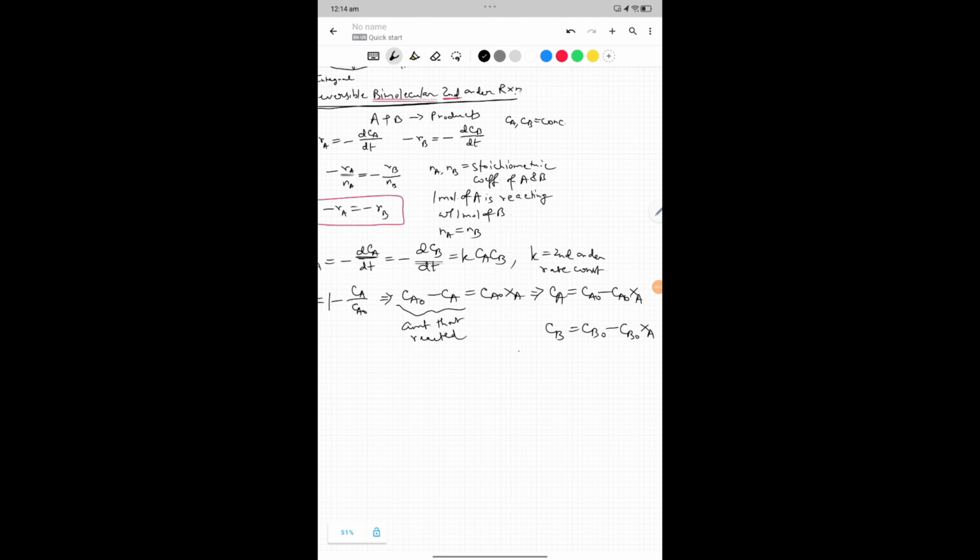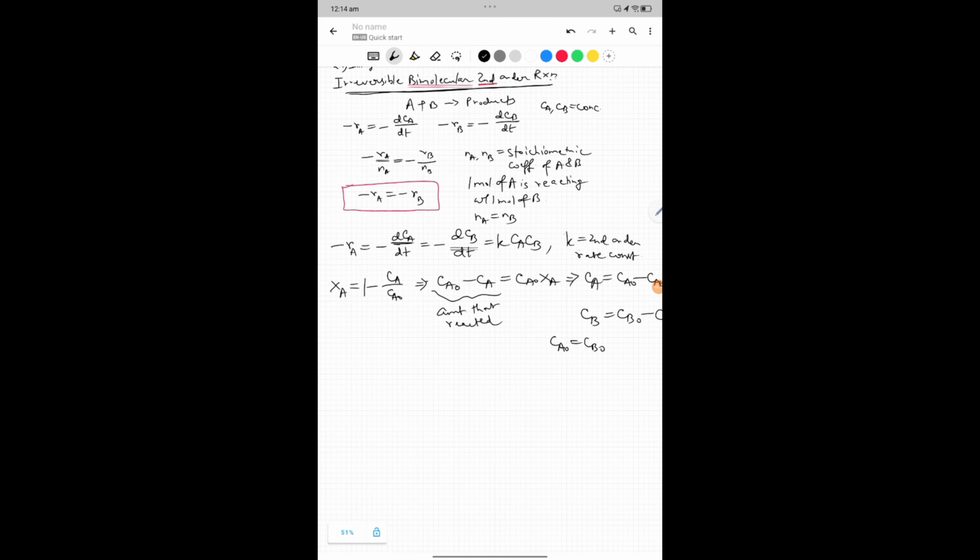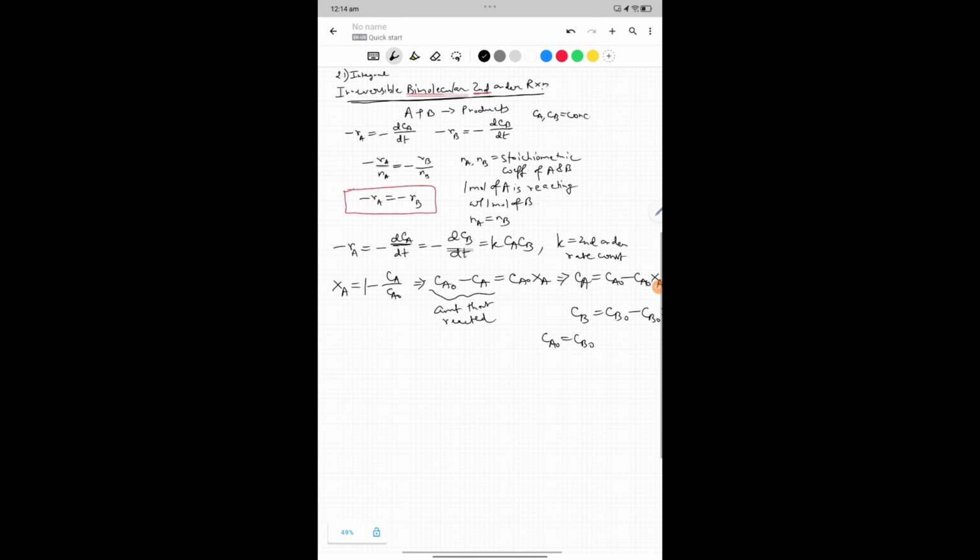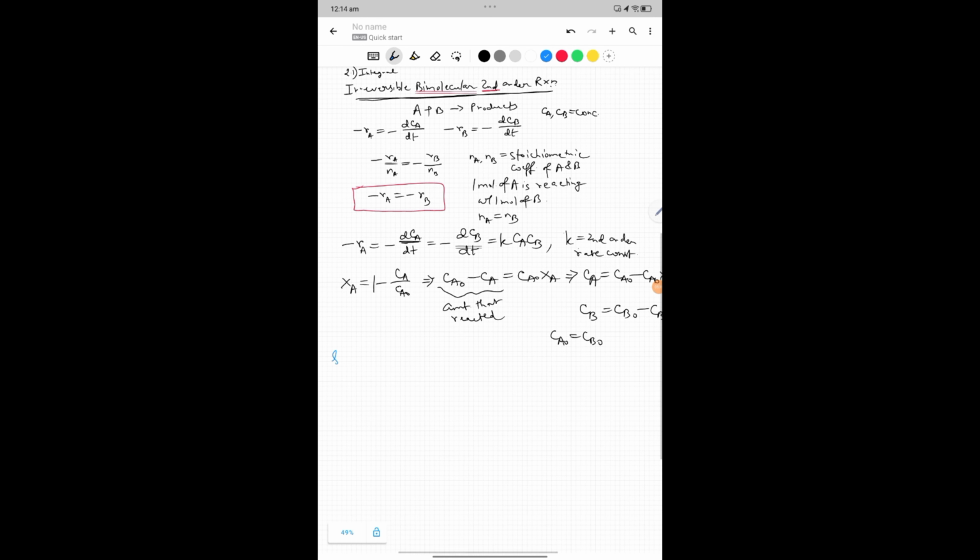We are also hypothesizing here that we are starting with the same initial concentrations of both A and B, and the same stoichiometric coefficients of A and B, so the same amount would be reacted.